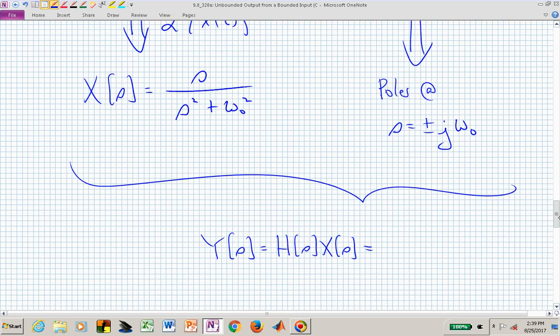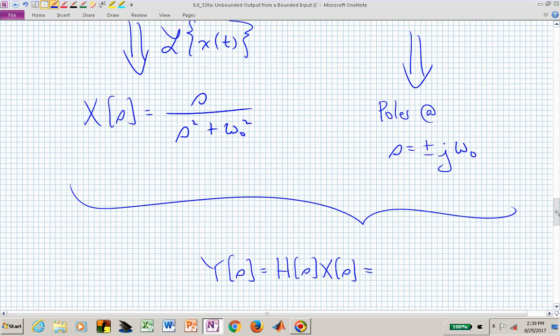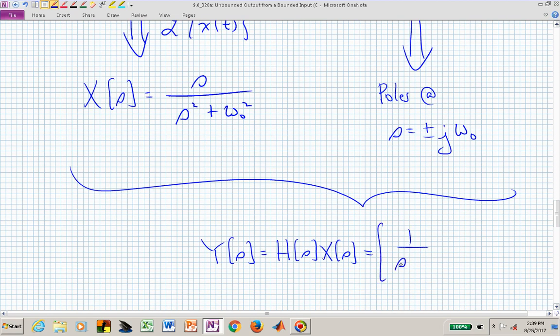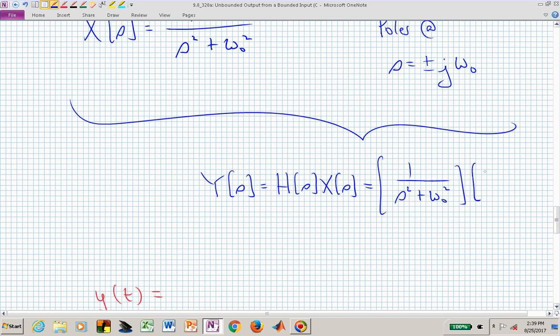And we can now examine the output. Y of s is the product of H of s, which is 1 over s squared plus omega naught squared, times capital X of s, which is s over s squared plus omega naught squared. Or we now have capital Y of s is s over (s squared plus omega naught squared) squared.